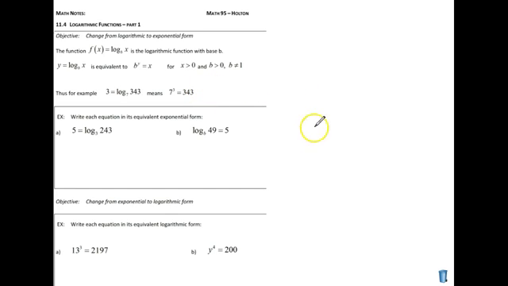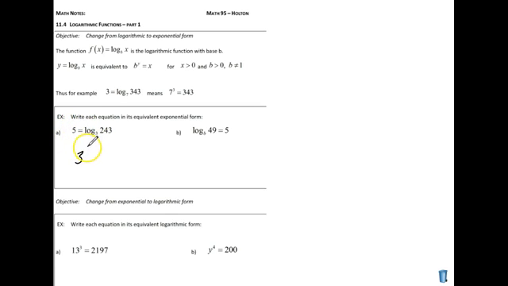Okay, so we're going to work with changing from a logarithmic function into an exponential function. If I give you this one that says 5 equals log base 3 of 243, I want you to rewrite it in exponential form. So we take our log base, which is 3, and raise it to the power.